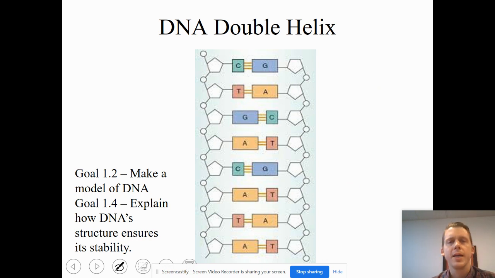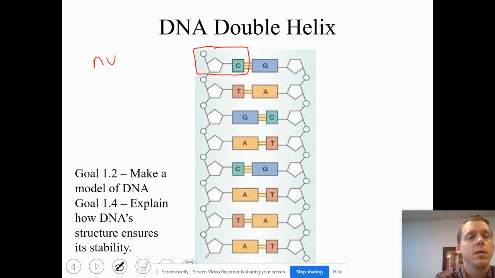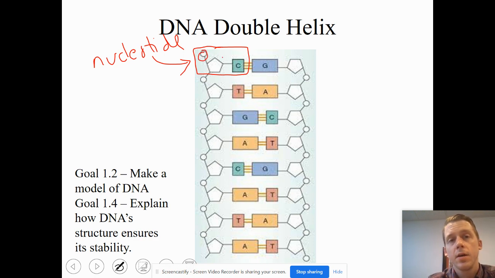All right, here's another picture of DNA. This right here is an entire nucleotide. A nucleotide is made up of a phosphate, which I've just highlighted, a sugar, which is right there, and then a base. There are hydrogen bonds right there, connected to another base, connected to another sugar, connected to another phosphate.